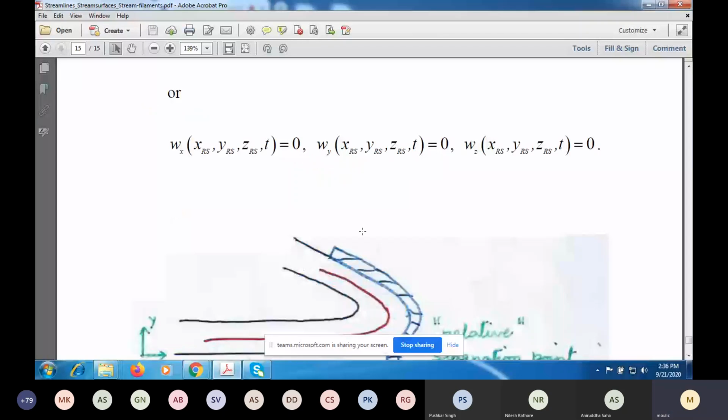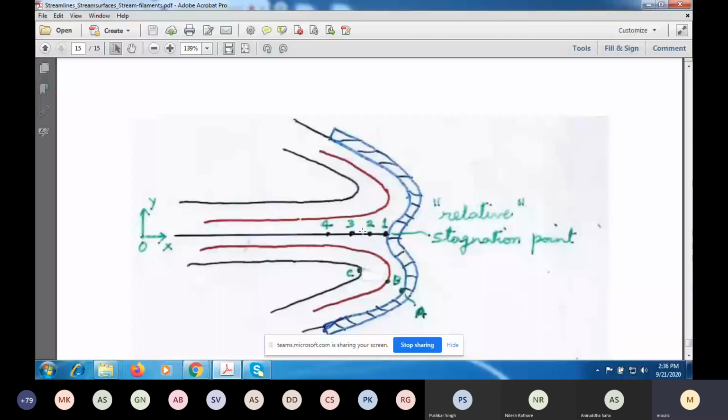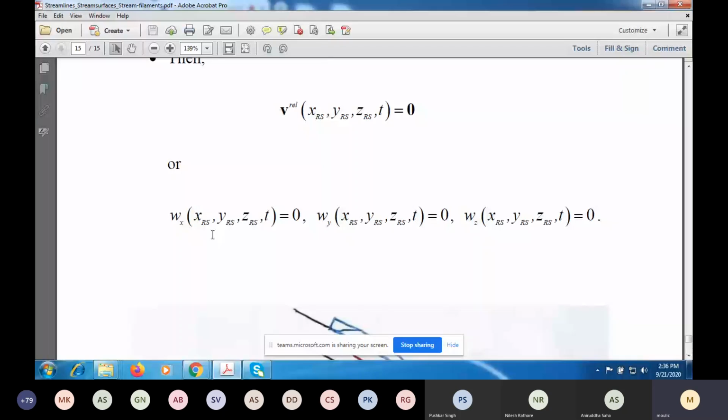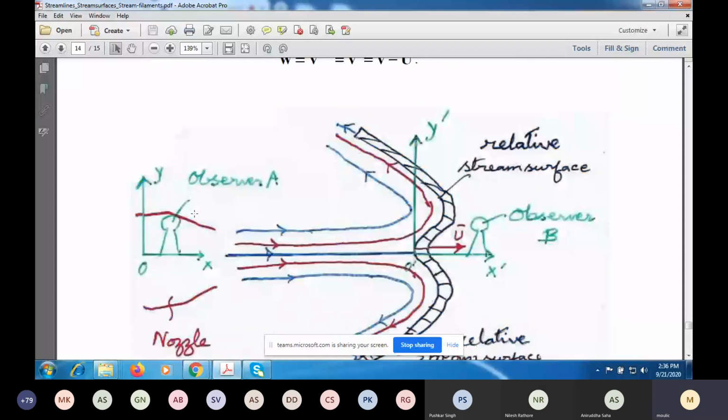Then we'll call it a relative stagnation point. Now again I have drawn some streamlines over here. Okay, so if you go back to the figure here, the water is coming out of this nozzle. This is the enlarged view. Okay, so this blue streamline here. So here you have above you have air, below you have air. And in between here you have water jet which is striking the bucket and it is being deflected.